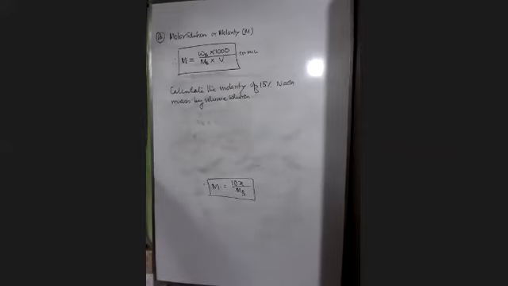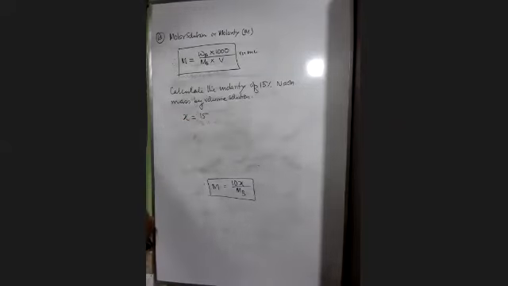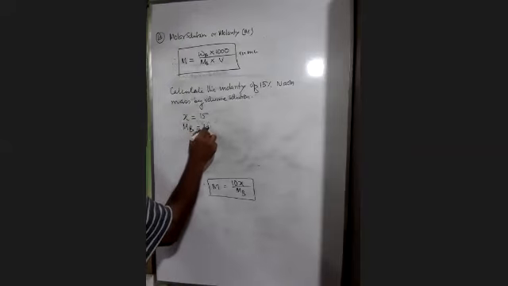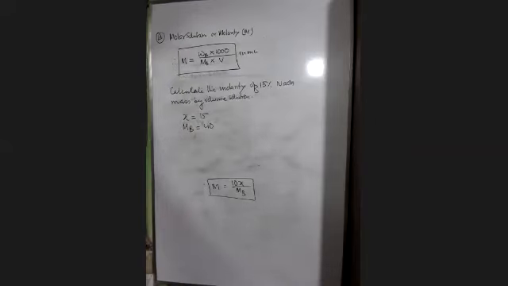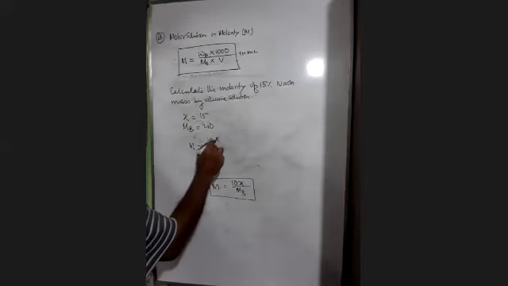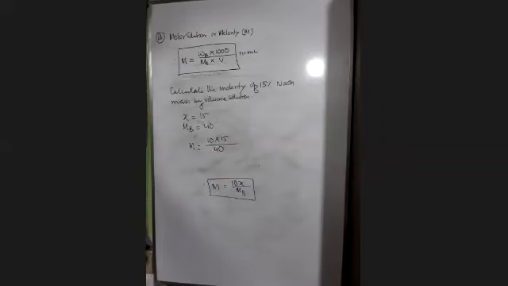So, what is the result? M is equal to 10 into 15 divided by 40, since MB is 40, just now you have calculated.